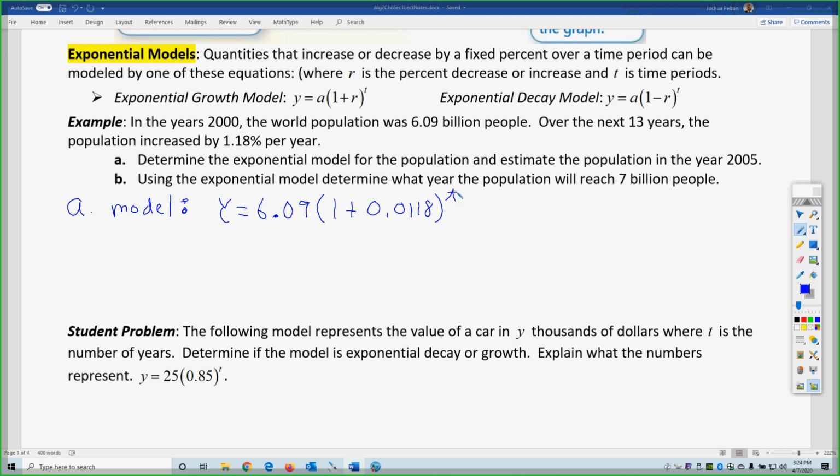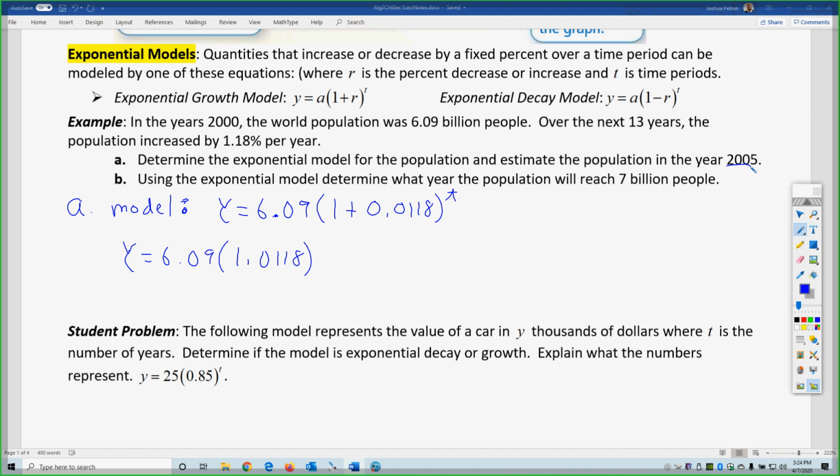Okay, so if we want to do specific examples, y equals 6.09 times 1.0118, and it says 2005, but you don't want to put in 2005 because that's 2005 years later.